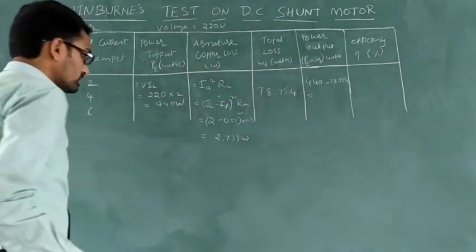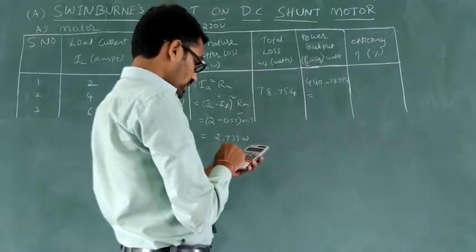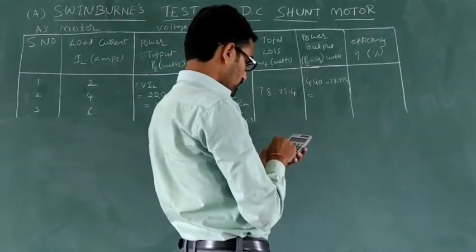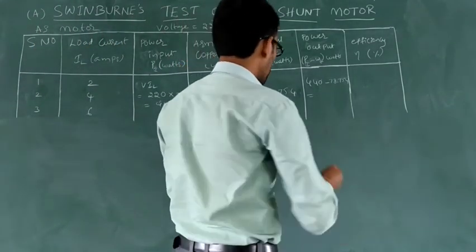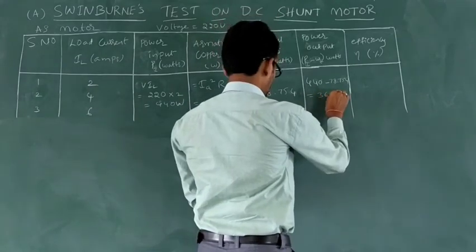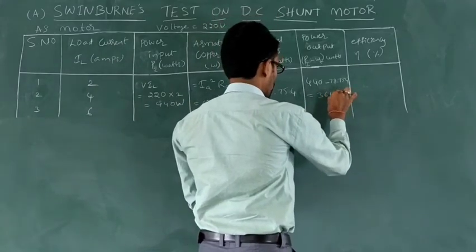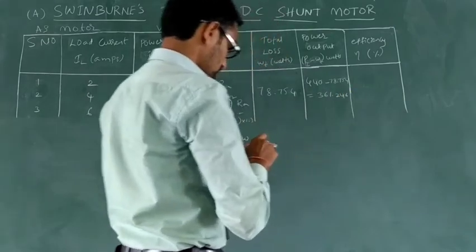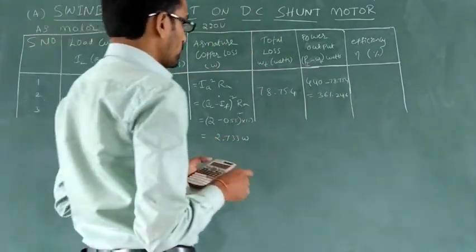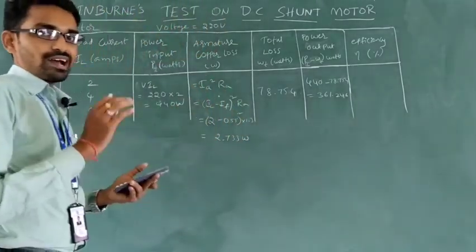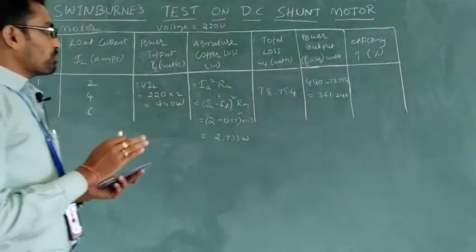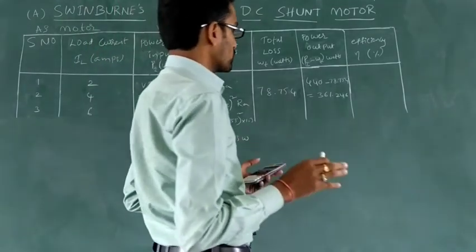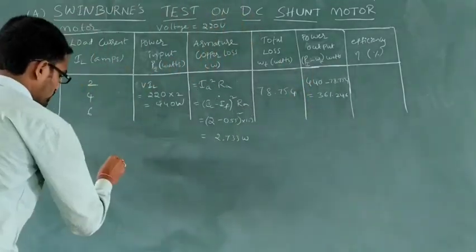So if I calculate that, 440 minus 78.754, you are going to get 361.246, that is the power output.